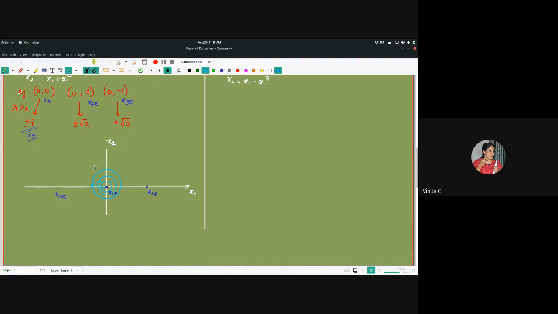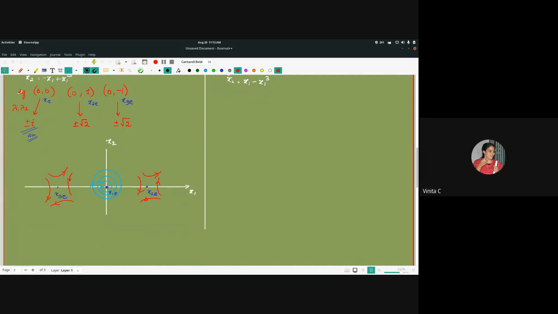There is a positive and a negative. It will be like a saddle point. So something like this. Here it is going like this, going away, going like this. Here also it will be something like this.